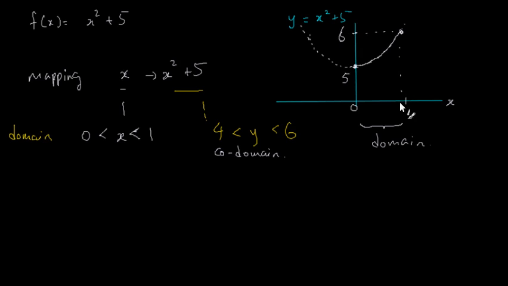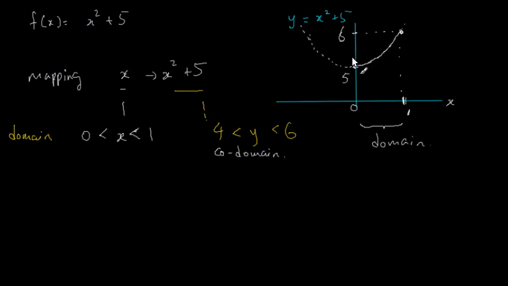Okay, so this is the part of the graph that I am interested in. Now let's take a look at this codomain. The codomain, that means the set of allowed values for the answer from this formula, is between 4 and 6.